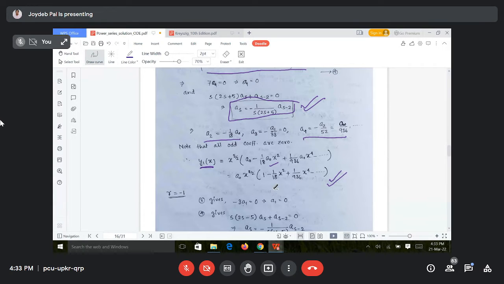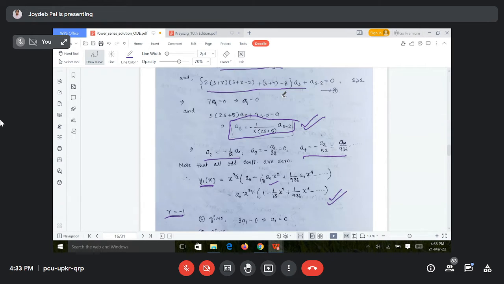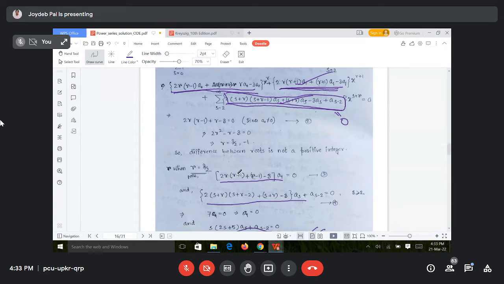Now for the second solution, y2, you consider the second root, r is equal to -1. Again you take the coefficient of x to the power r plus 1 equal to 0, the coefficient of x to the power s plus r equal to 0, then you put r equal to -1.